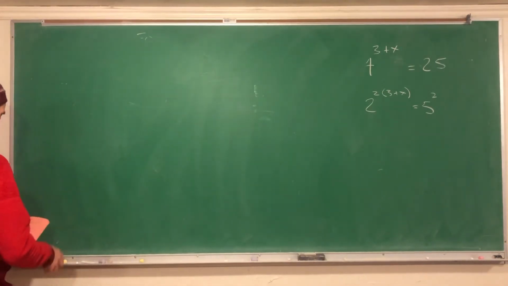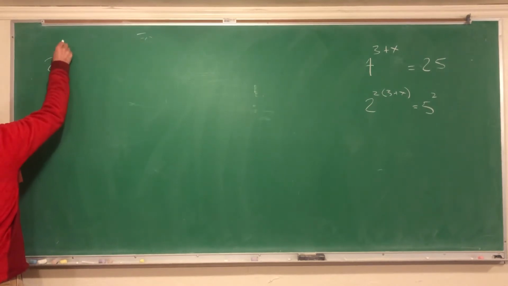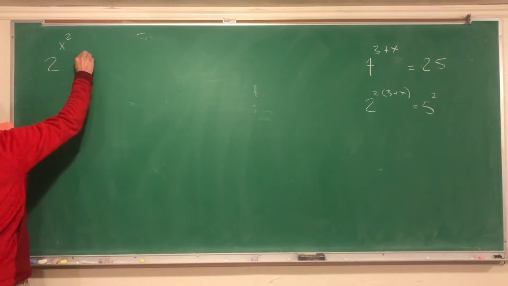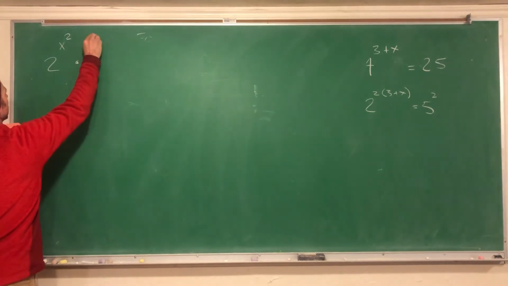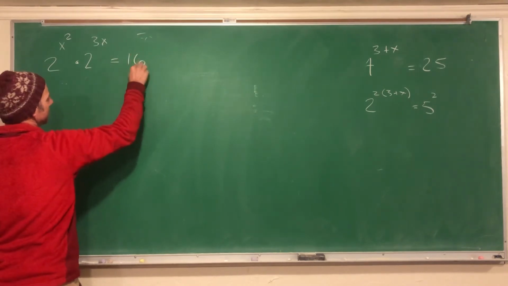Okay, let's give another one a try. How about 2 to the x squared times 2 to the 3x equals 16.